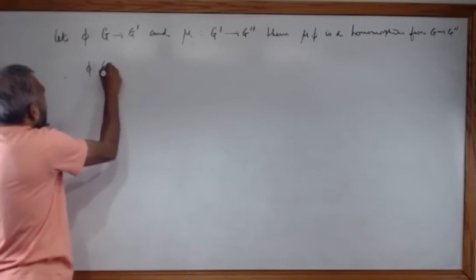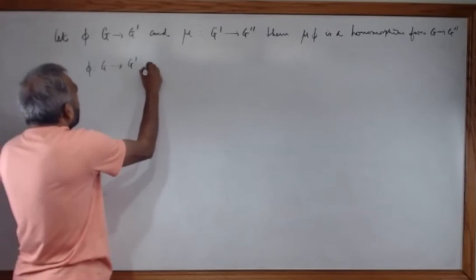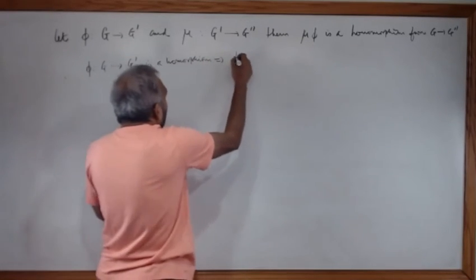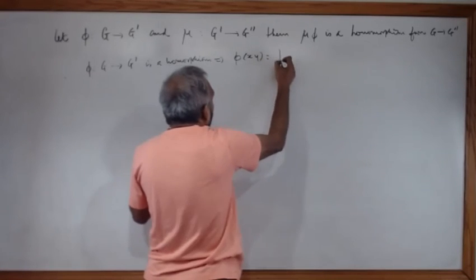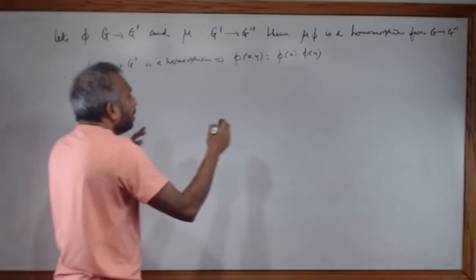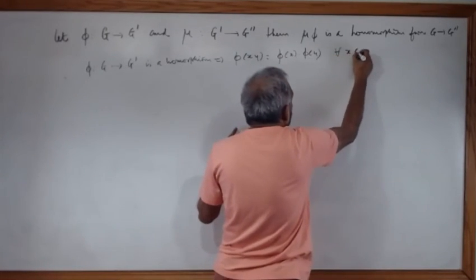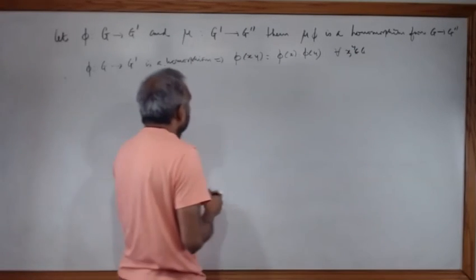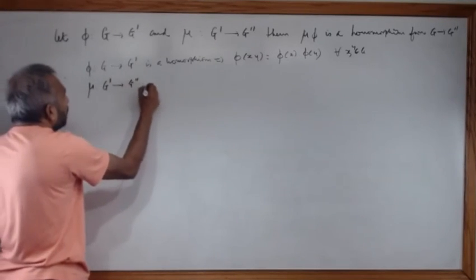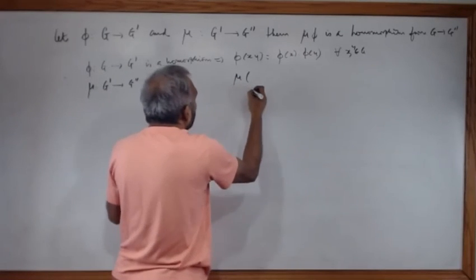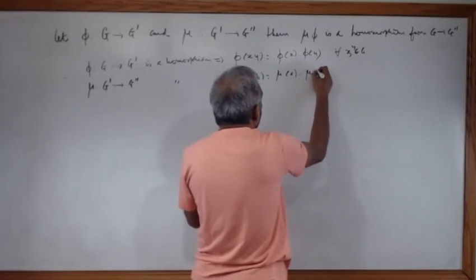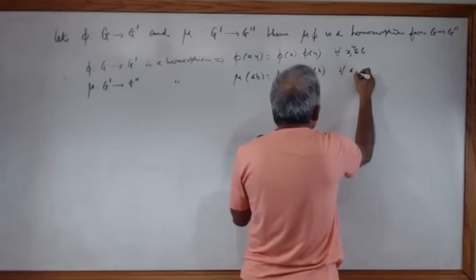Phi from G to G prime is a homomorphism, implies phi of xy is equal to phi of x times phi of y for all x, y in G. Mu is a homomorphism from G prime to G double prime, then mu of ab is equal to mu of a times mu of b for all a, b in G prime.